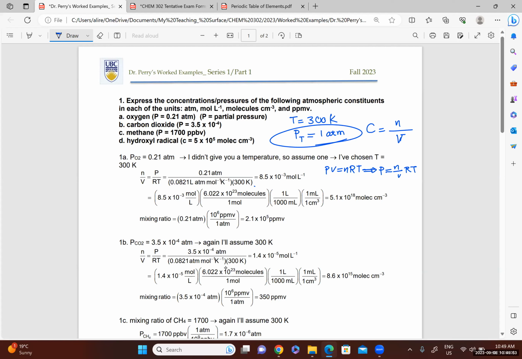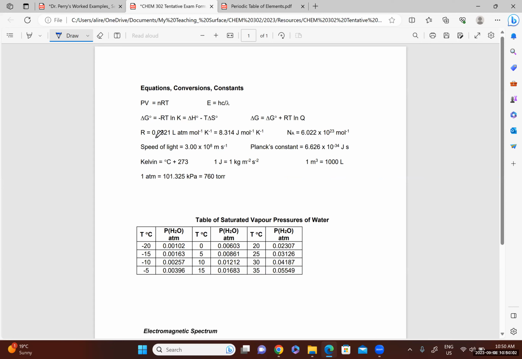And then what we want is the R value. If I go back to the equation sheet, we've got two different values for the gas constant. In the exam, I might give you more. They are different because their units are different.